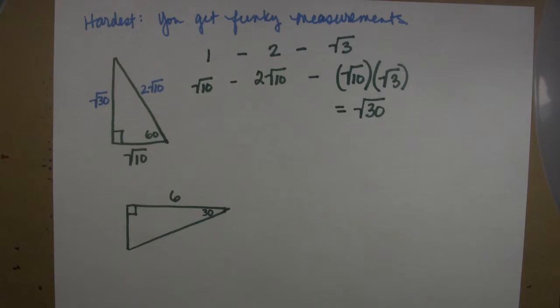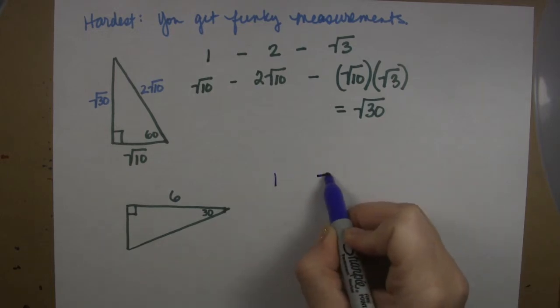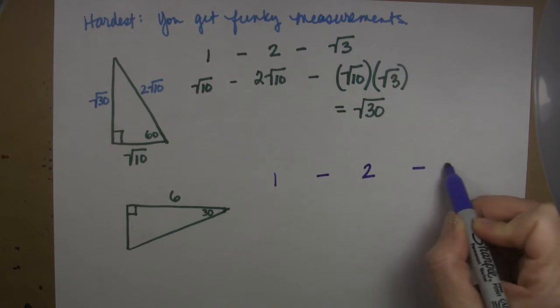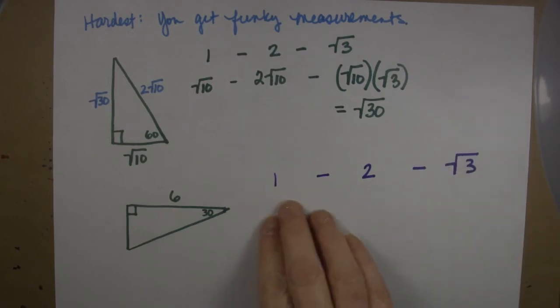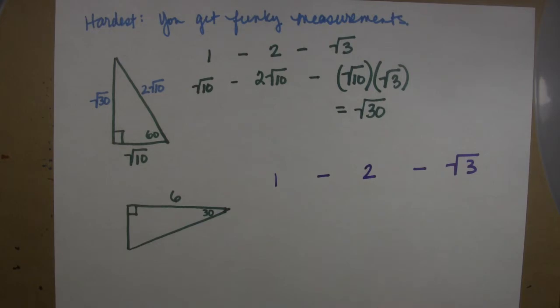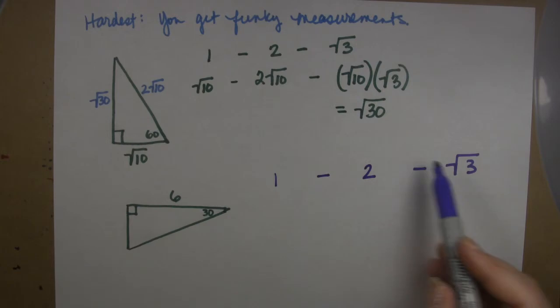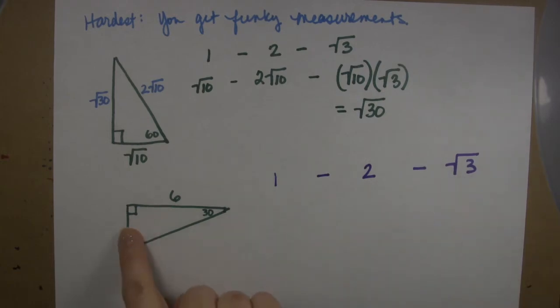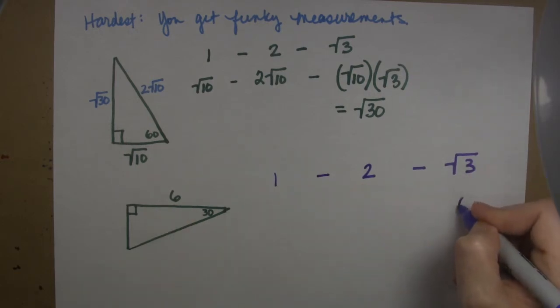So how are we going to solve this? Well, again, everything is in the relationship of 1 to 2 to radical 3. I'm starting to space mine out a little bit because I'm going to have to do a little math in order to come up with my final answer. The 6 goes with the root 3, right? It's not the short side, which would be a 1, and it's not the hypotenuse, which would be our 2. It's that other side, so it is a 6.